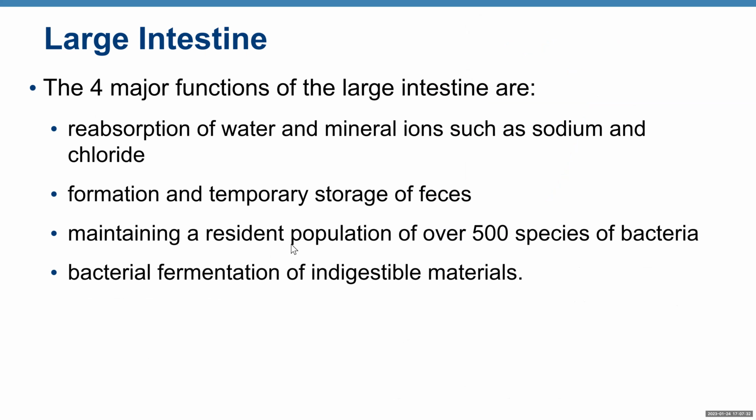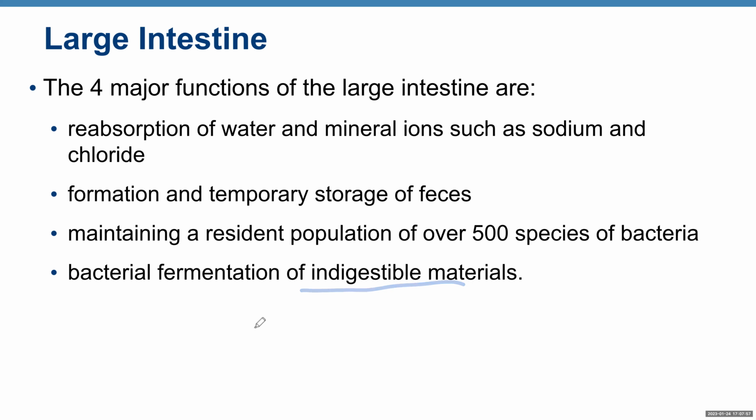And in the large intestine, the four major functions are reabsorption of water and mineral ions such as sodium and chloride, formation and temporary storage of feces, maintaining a resident population of over 500 species of bacteria, and bacterial fermentation of indigestible materials.